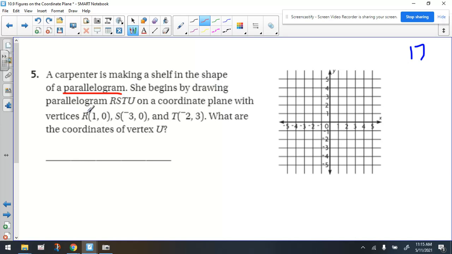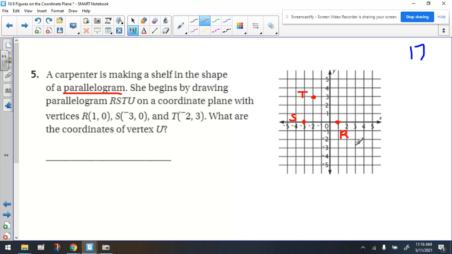And notice they have letters and the ordered pairs, so we want to pay attention to that. Let's go ahead and plot. R is over 1 up nothing. S is left 3 up nothing. And T is left 2 up 3.